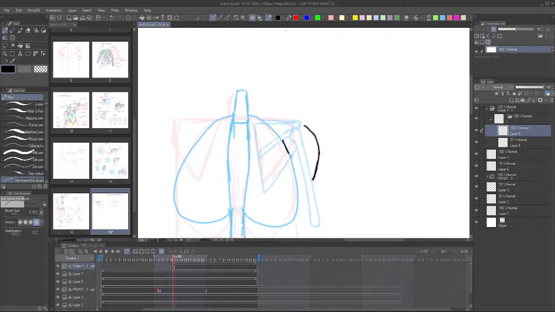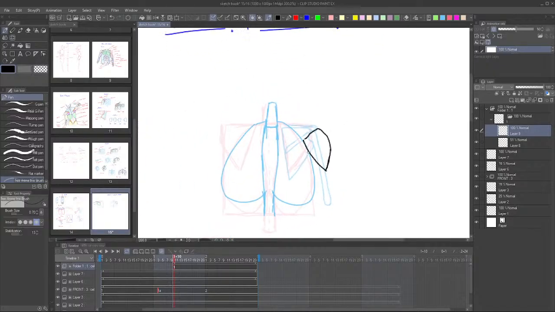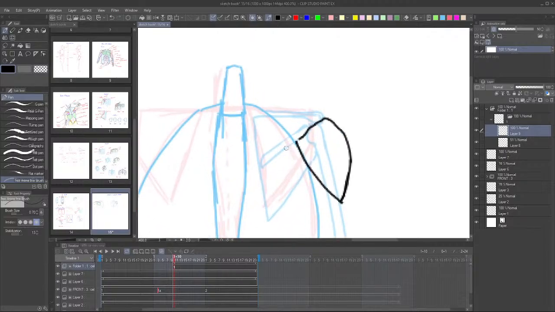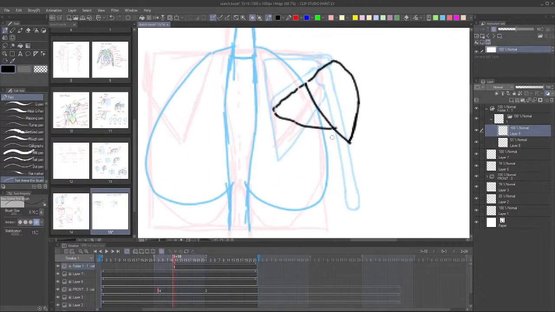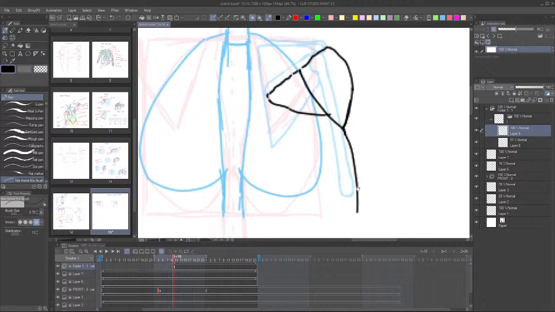So that's the middle part of the deltoid, and the back part of the deltoid goes like this.